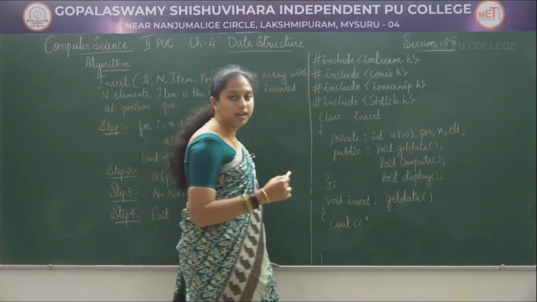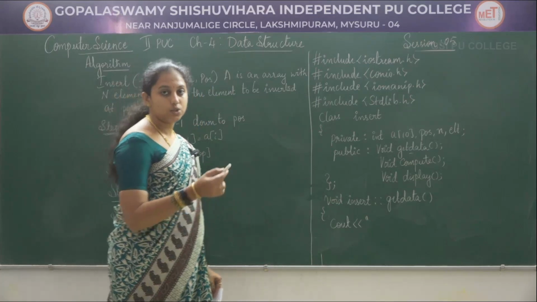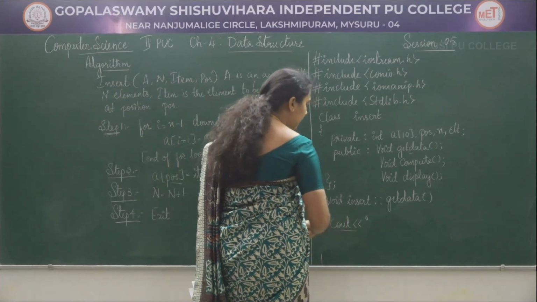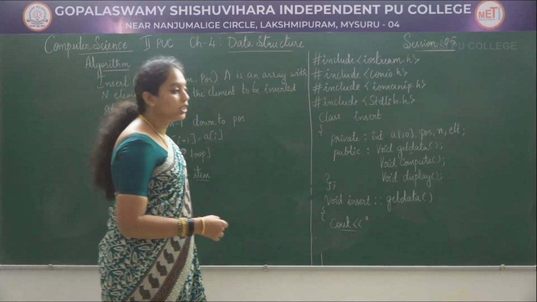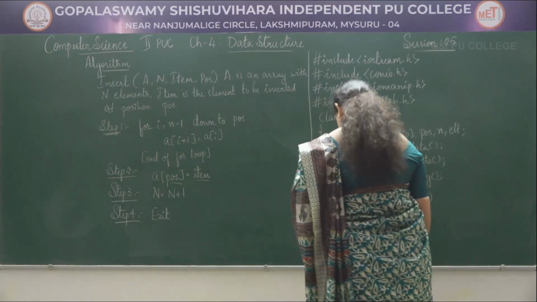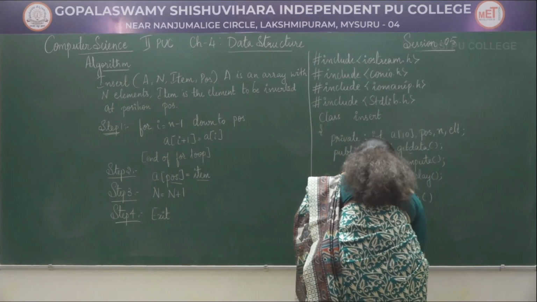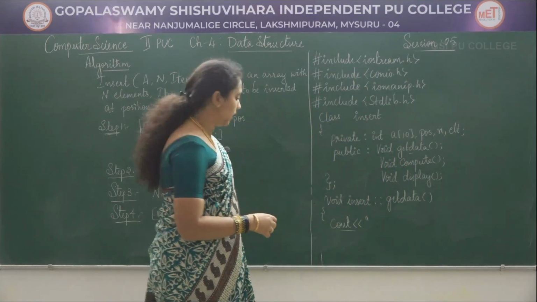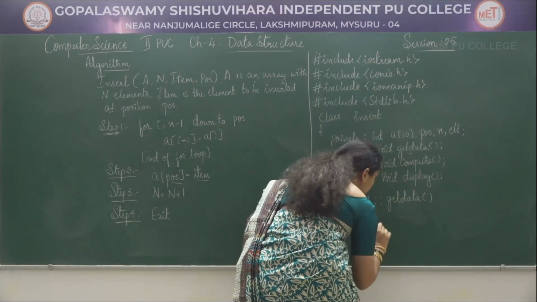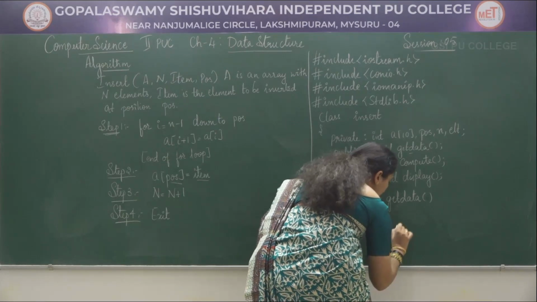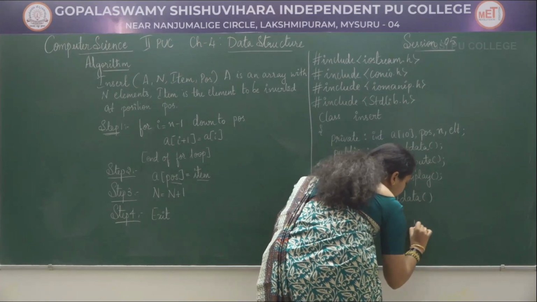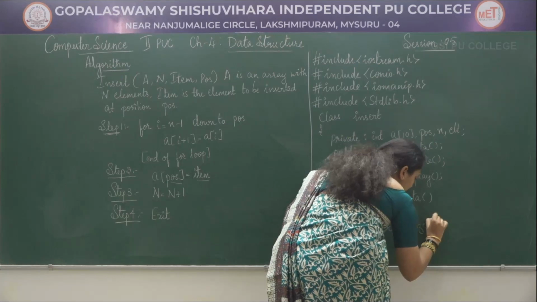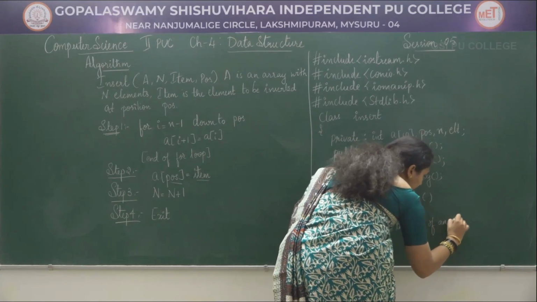So I want to display it on the display screen. So for that I am using cout statement to display the data on the screen using this insertion operator. Enter the size of an array.